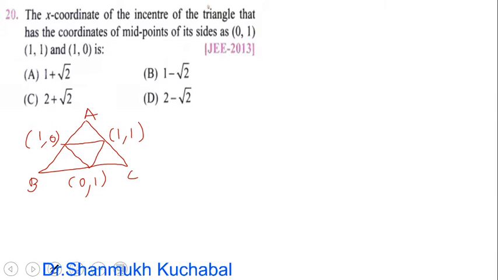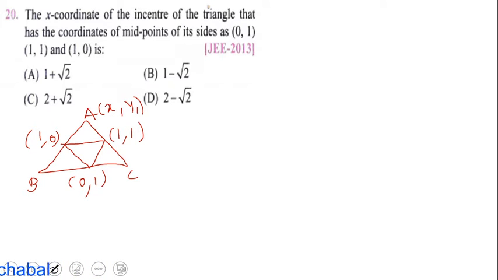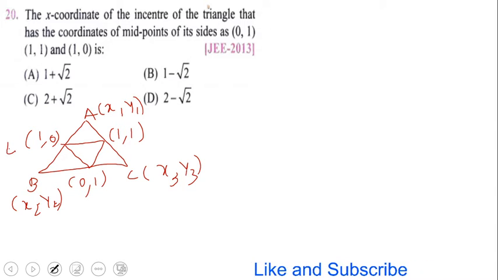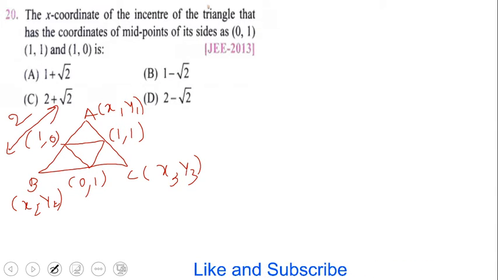So the distance between these two, we are taking as x1 y1, x3 y3 I can take, and here x2 y2. So then using geometry, the length will be 2 here.